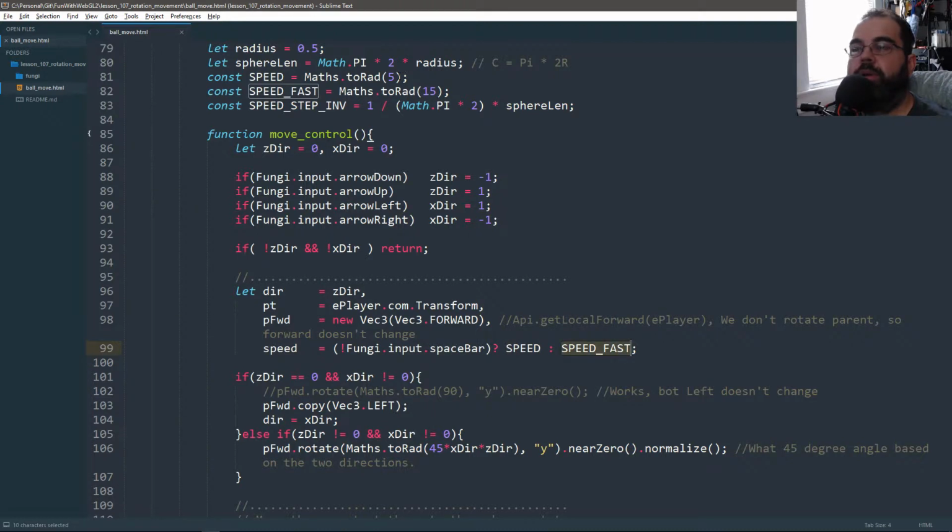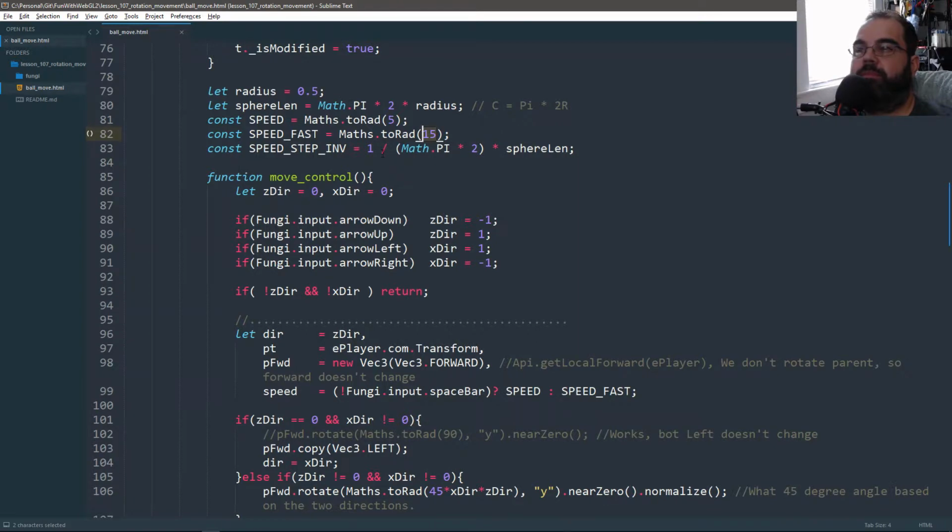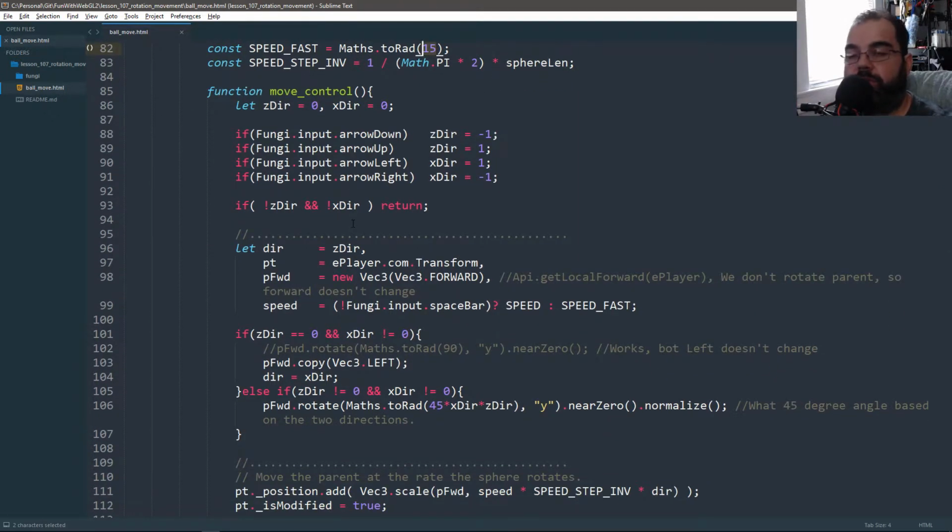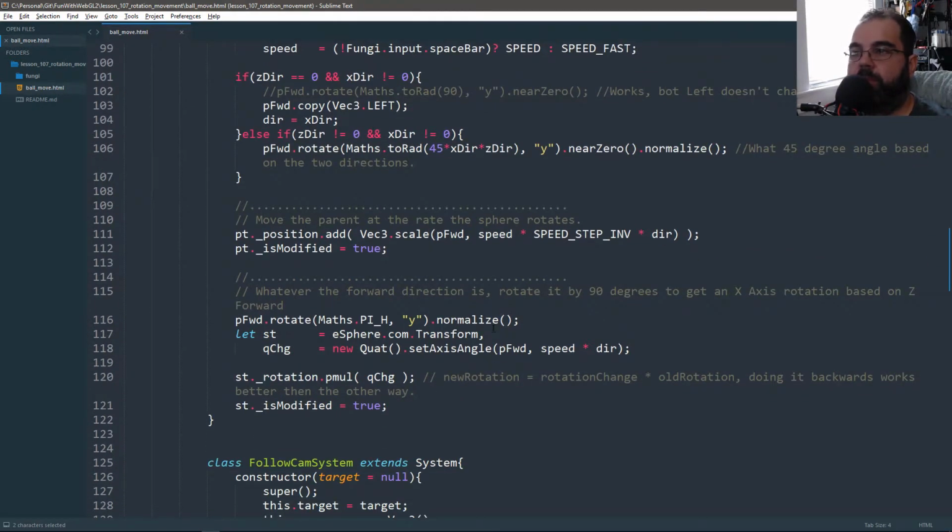So I'm going 5 degrees of rotation for slow, and 15 degrees of rotation for fast. Whatever the length is, it's a circumference equation. And then just multiply that change with the current rotation, and that's it. And we're done.